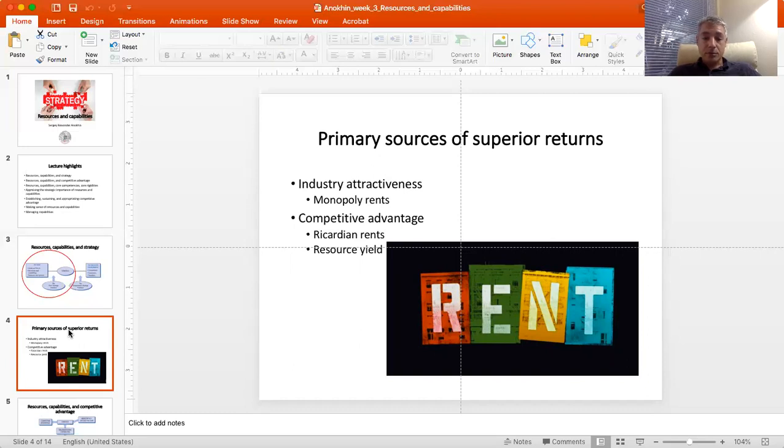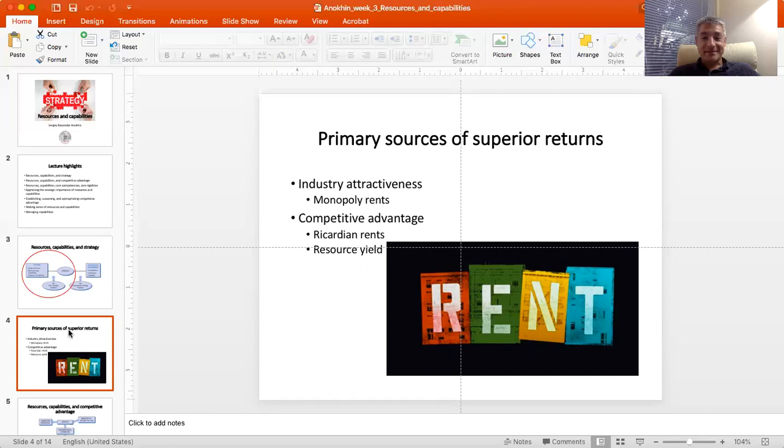The second source of superior returns is what we're looking at today. These are the so-called Ricardian rents. They have to do with resource yield. And this is basically about how you use your resources to develop capabilities that would enable you to earn above average returns over the long run. So again, this slide is not critical, do not panic over it.